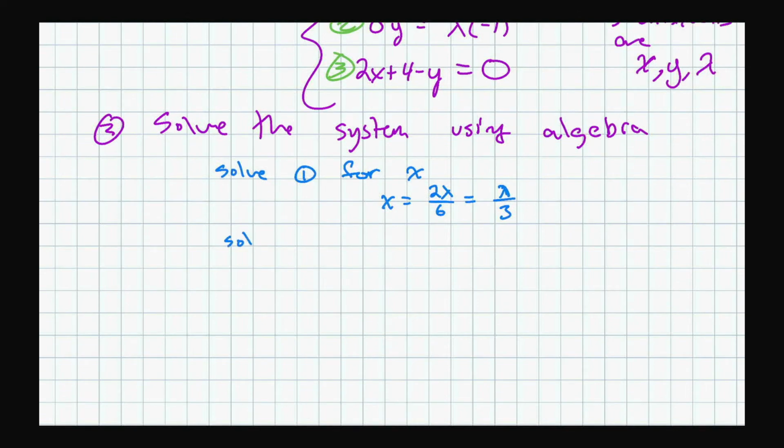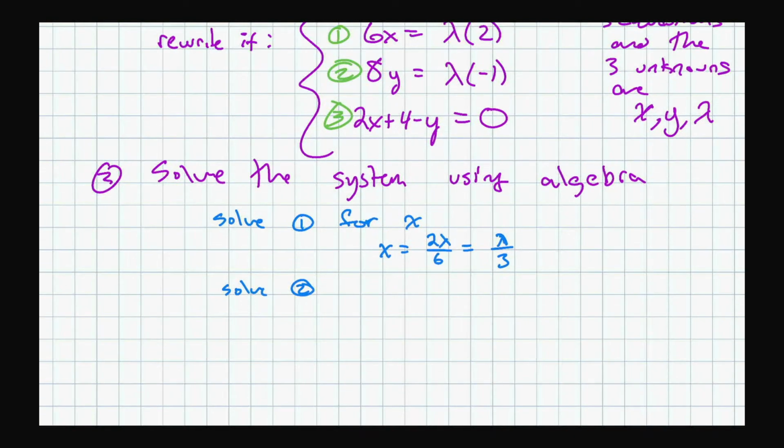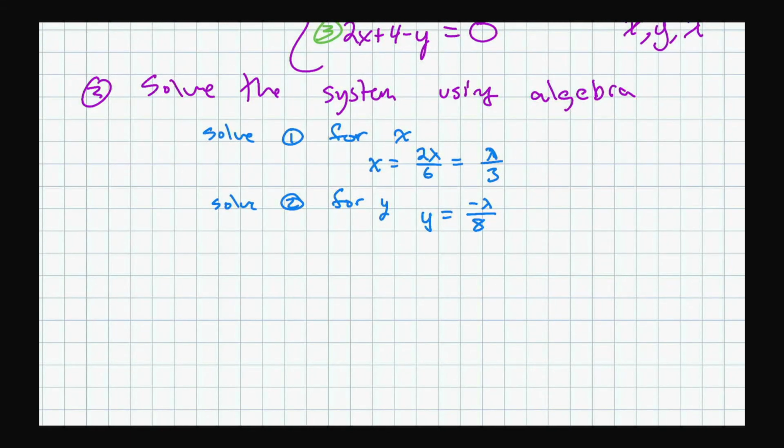Then I could solve equation 2 for y, and I'll get y equals negative lambda over 8, right? I'm just moving the 8 over to the other side, dividing by 8. And then I can take both of these and substitute them into 3.